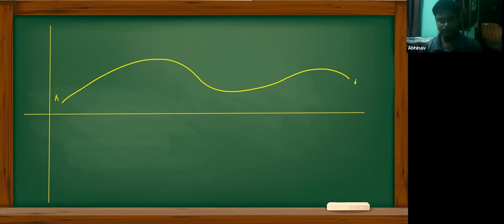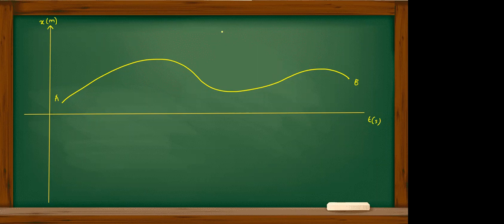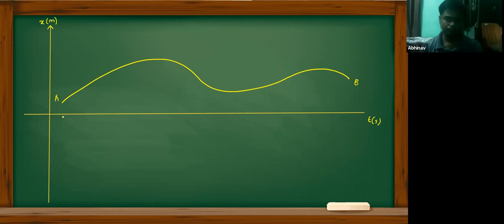There is an object, it went from A to B. Let's say it's 20 seconds, 2 meters and 10 meters. So this is the position versus time graph.